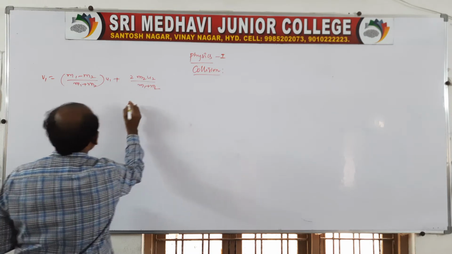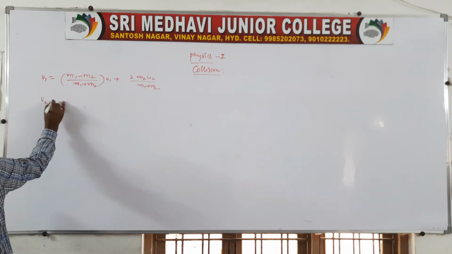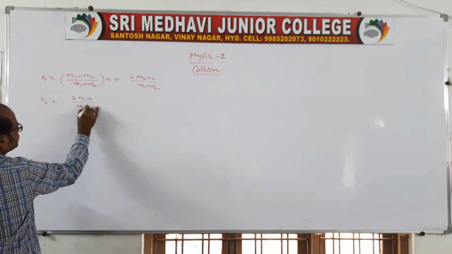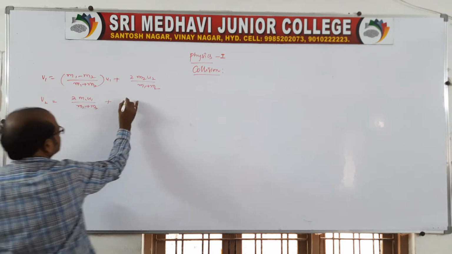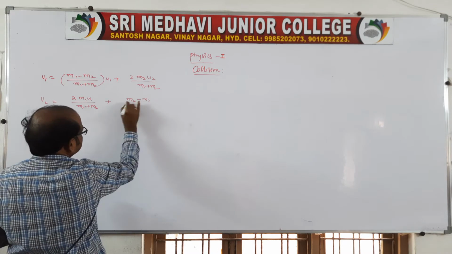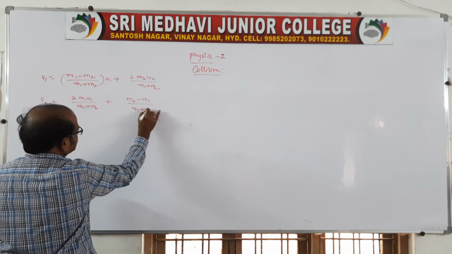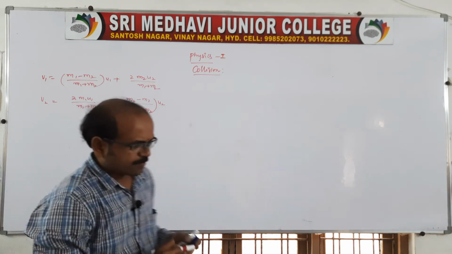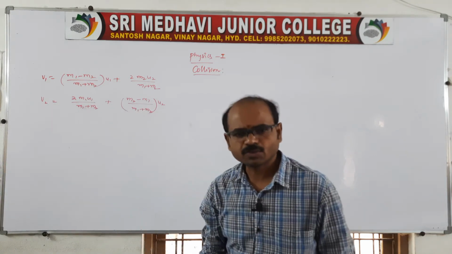This is the first final velocity during the collision. V2 is equal to 2 m1 u1 by (m1 plus m2), plus (m2 minus m1) by (m1 plus m2) into u2. So this is about the final velocities during the collision.